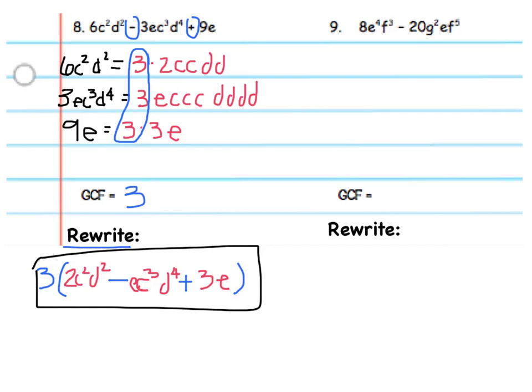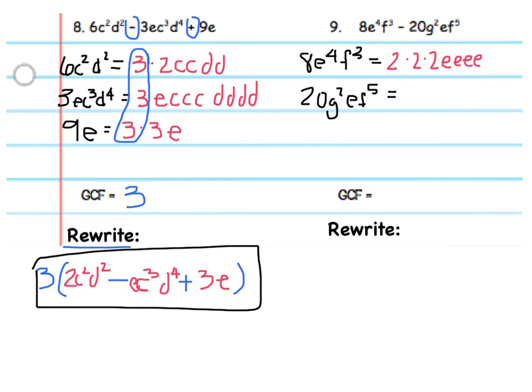Alright, last one. Notice it has 2 terms. I have 8 e to the 4th f to the 3rd and 20 g squared e f to the 5th power. All right, let's break them down. 8 is 2 times 4, but remember 4 is really 2 times 2.